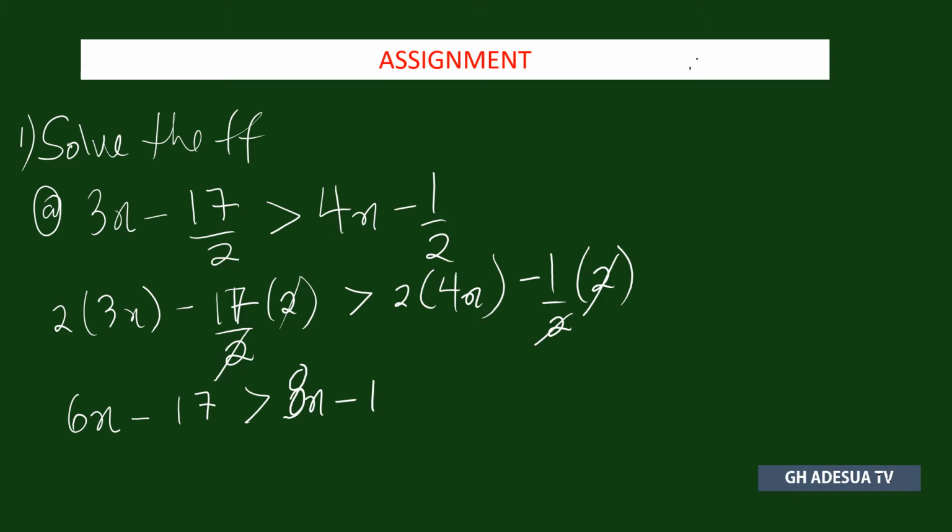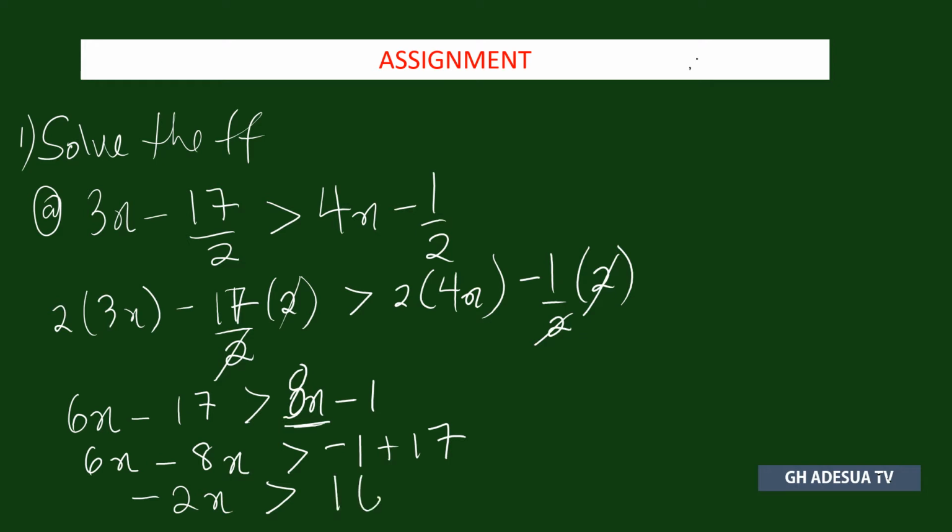So grouping like terms, you'd have 6x, then the 8x will cross, minus 8x is greater than, you have negative 1 here, plus 17. So 6x minus 8x is negative 2x is greater than negative 1 plus positive 17 is 16. So we have negative 2x greater than 16.